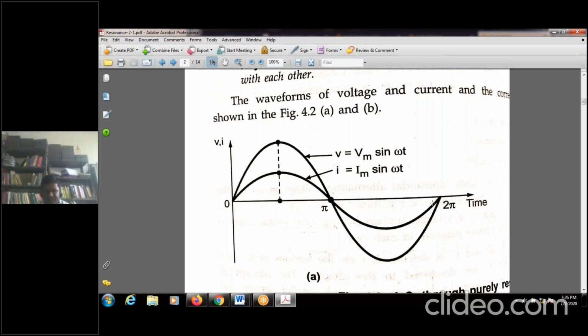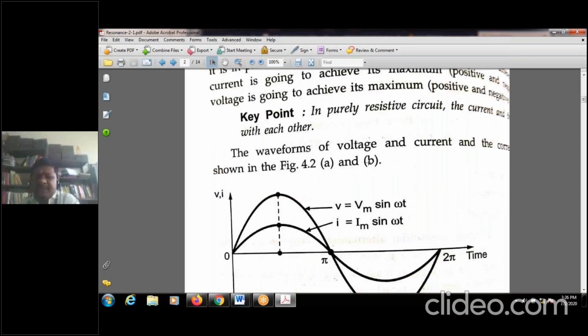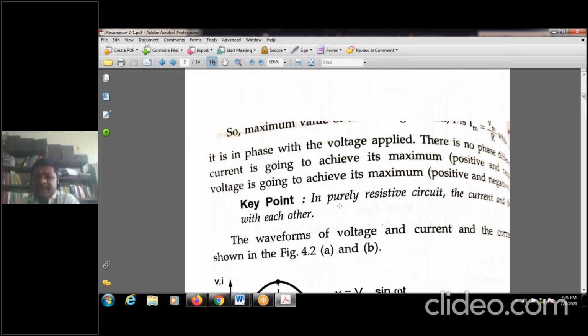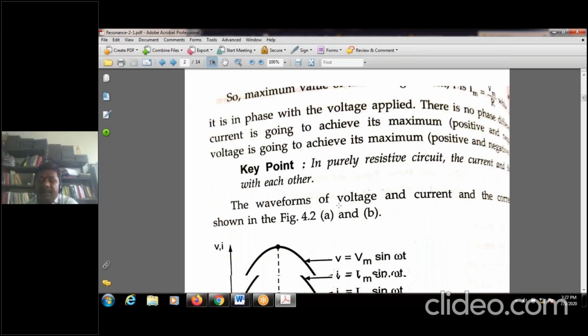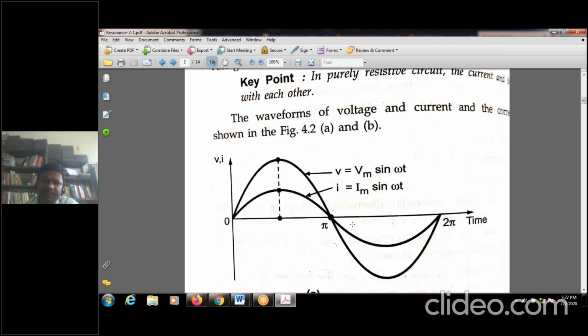Just remember, for the resistor element, when the input is sinusoidal, the resultant current and applied input voltage are in the same phase. Why? Because the remaining two elements, capacitor and inductor, are different. That's why remember this: in a resistor, both are in the same phase.